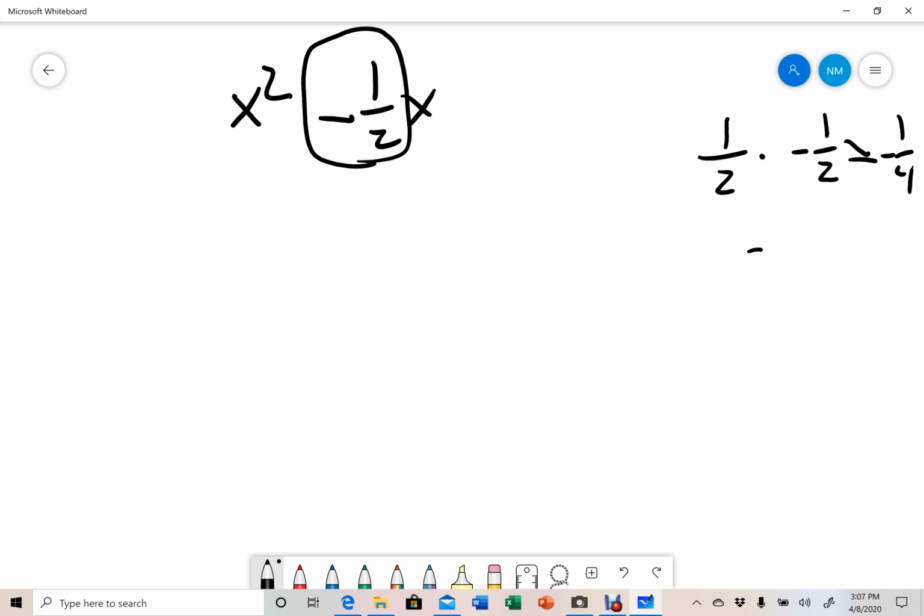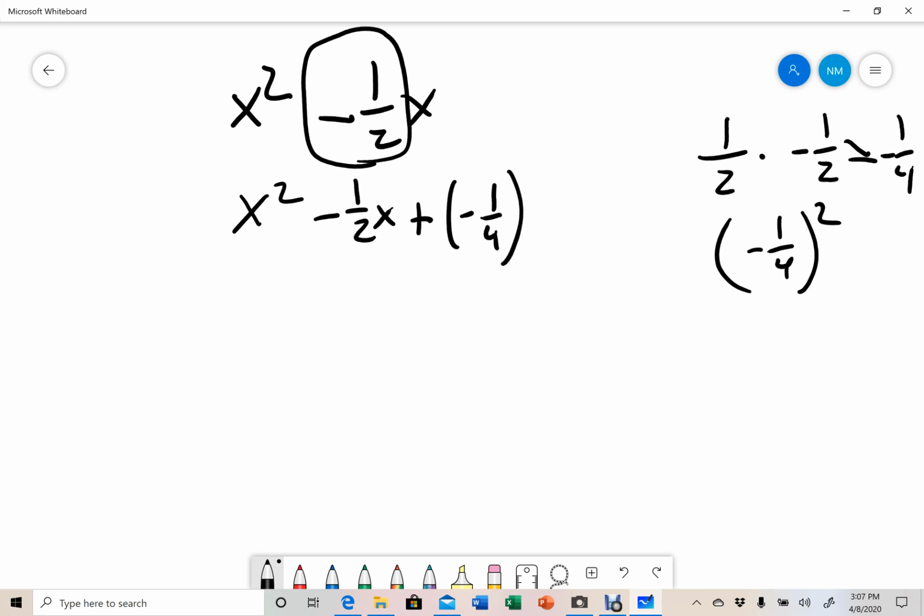Then I take that negative 1/4 and I square it. Now I could square this, but I'm just going to leave it right here because I'm going to have to go back to this. So I stick this in. I've got x squared minus 1/2 x plus a negative 1/4 squared. Okay, so here's my third term. Now I can factor.